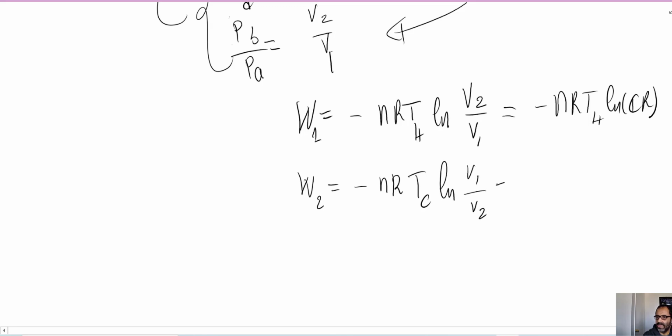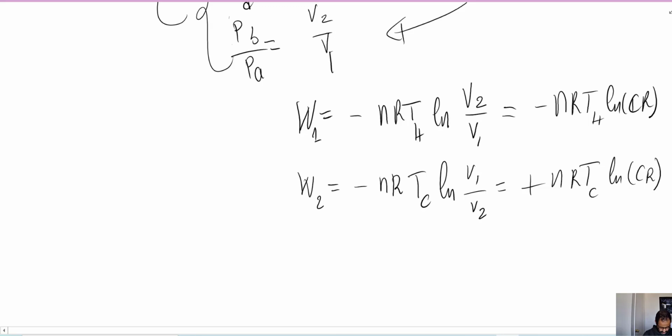The initial volume is V2. And again, this ratio, we can flip it, and it's going to be positive, minus NR TC ln of CR, because V2 over V1 is actually CR. Obviously, because TH is higher than TC, those two numbers are the same, with the exception that the difference in temperature is actually the net work in here. So I think it's the next question, is it?